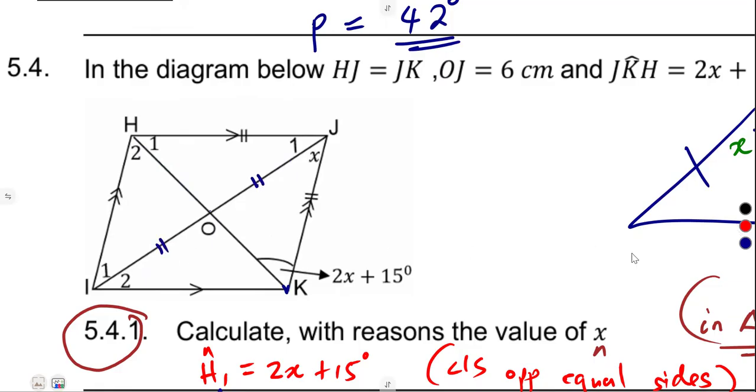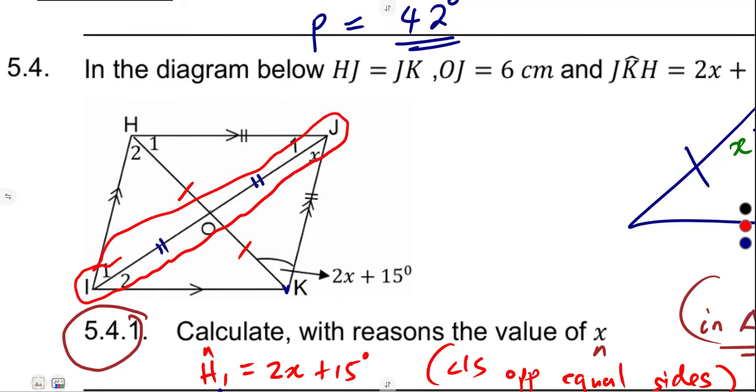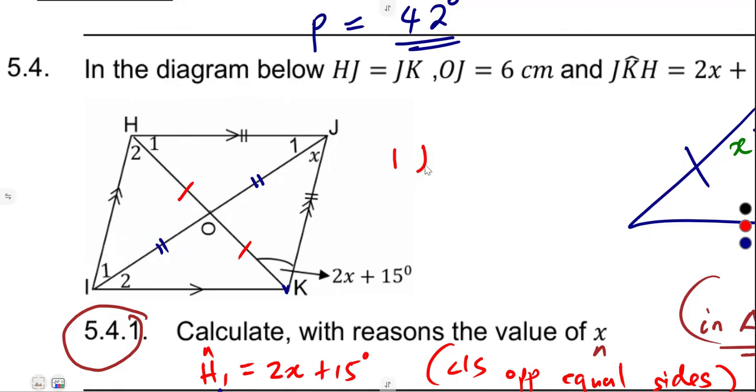Same from H to O, it is the same as from O to K. But as we are focused on I to J, meaning to say IJ is equal to what? Since we are given that OJ is 6 centimeters, this one is also 6 centimeters. So the whole of IJ is going to be 6 plus 6, which is 12 centimeters.